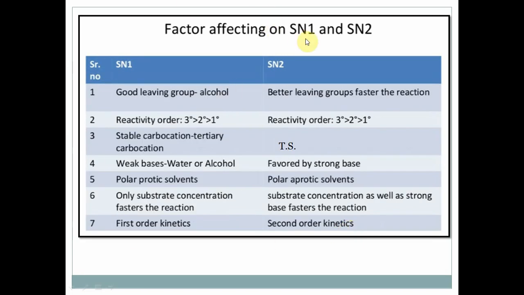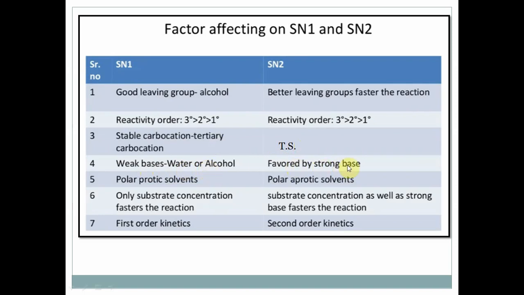Factors that affect the SN1 and SN2 reaction. SN1: good leaving group, alcohol; the better the leaving group, the faster the reaction. Reactivity order 3 degree, 2 degree, 1 degree. Here is the reactivity order in SN2 reactions. Stable carbocation is formed in SN1. Here transition state is formed. Weaker base or alcohol, water.